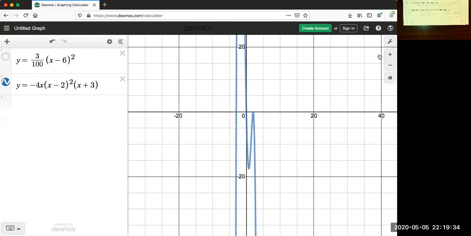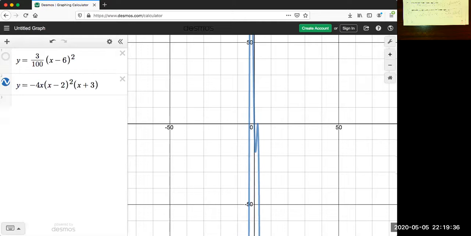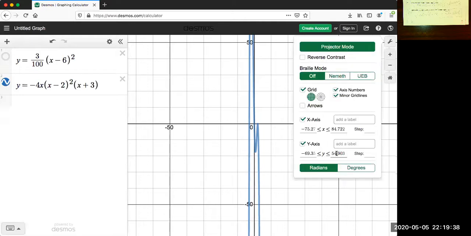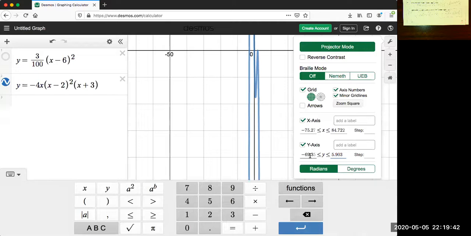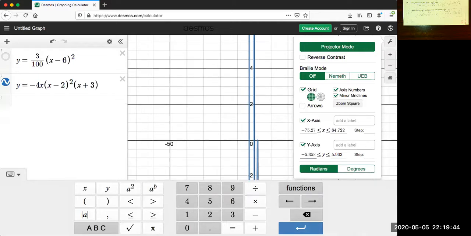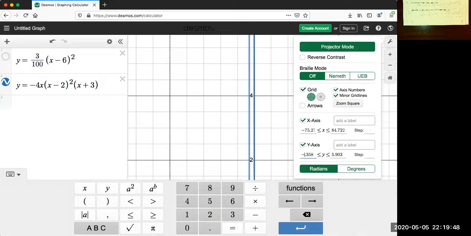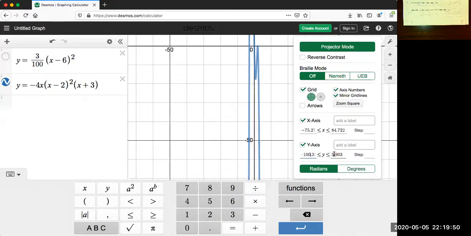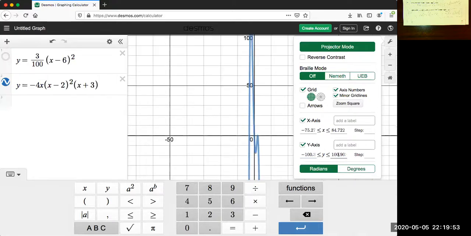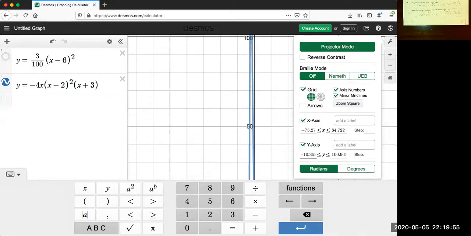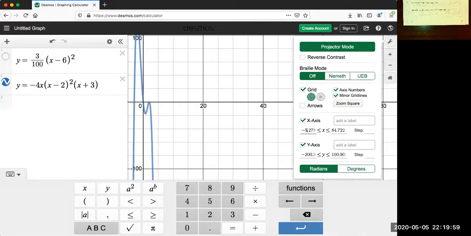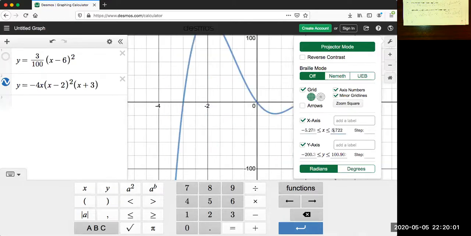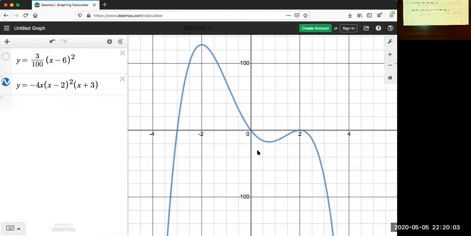And that's why it looks something like an m here.